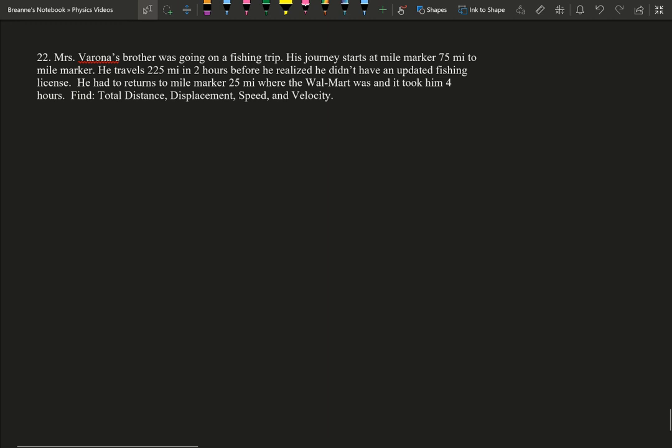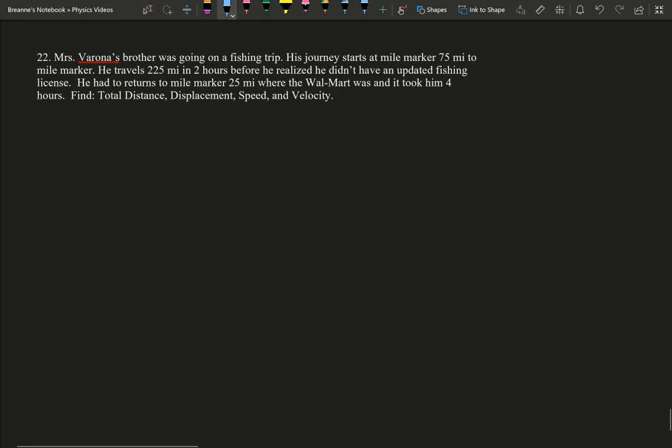He travels 225 miles in 2 hours before he realized he didn't have an updated fishing license. He had to return to mile marker 25, where the Walmart was, and it took him 4 hours. Find total distance, total displacement, your speed, and your velocity.